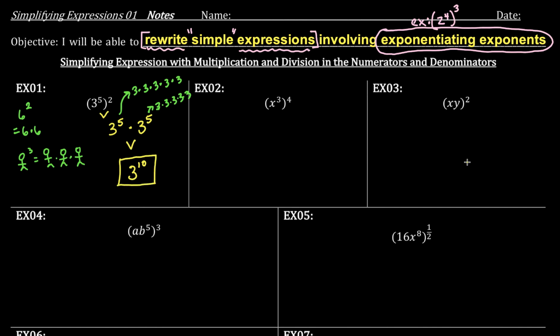We'll do some examples. We'll see if you find a shortcut, right? So x to the 3rd power to the 4th power. What that means is x to the 3rd times x to the 3rd times x to the 3rd times x to the 3rd. Now each one of these means x times x times x.